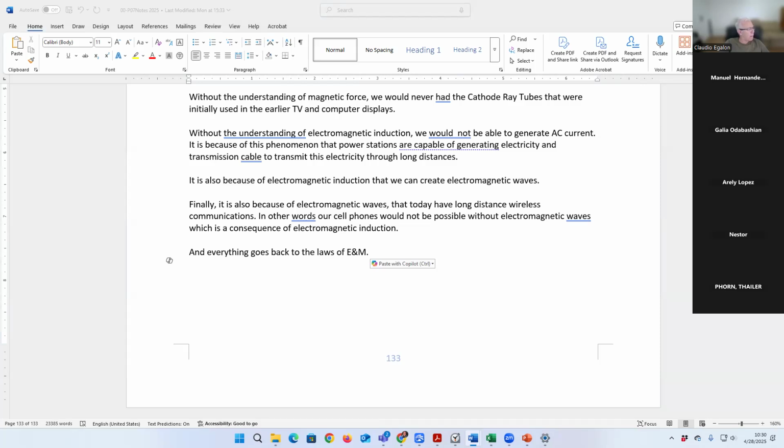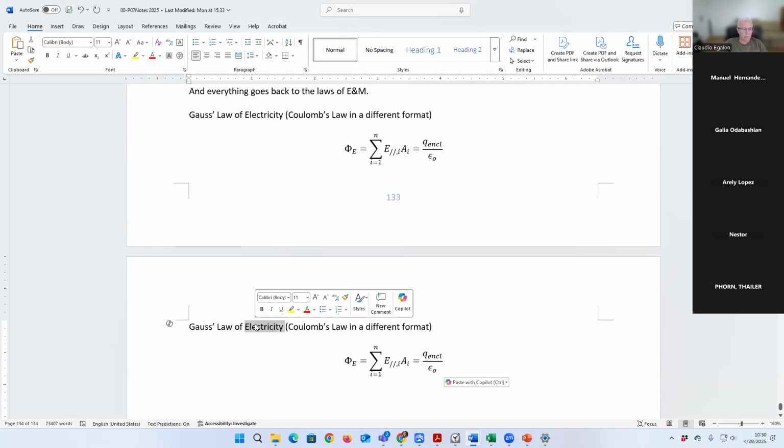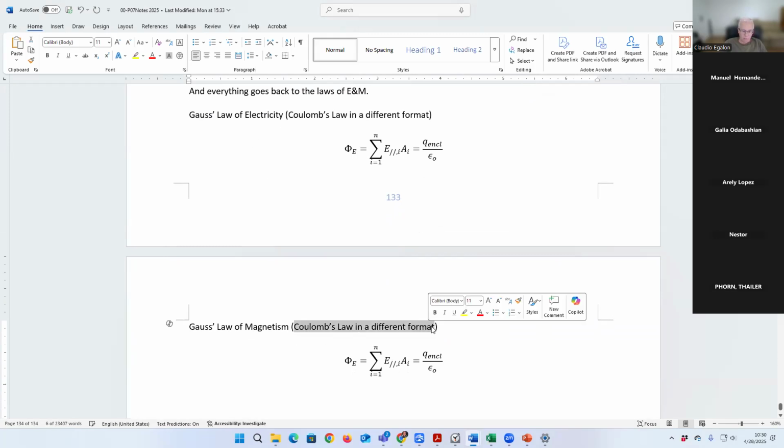Don't forget, you have to memorize those laws for the rest of your lives. Gauss's law of electricity, the one that involves the electric flux. Gauss's law of magnetism: there is no magnetic monopole.